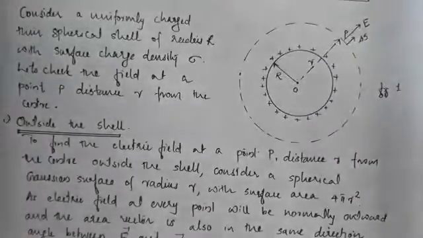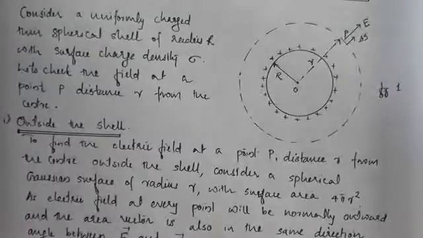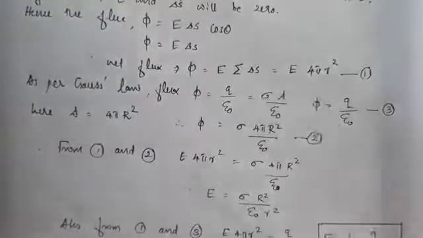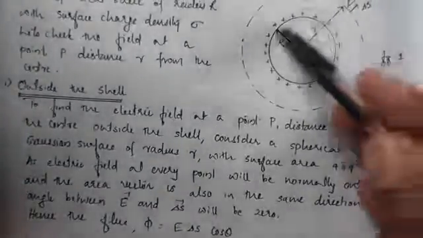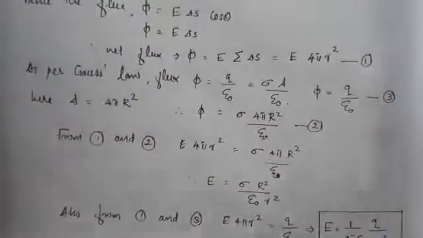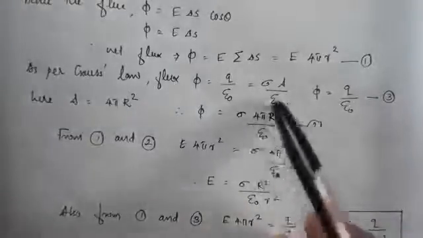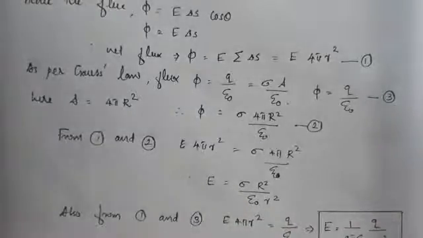So in the equation for Gauss's law, phi is equal to q by epsilon 0. If I replace q as sigma into area, I have to take the area over which the charge is spread, that is this area. So I get flux phi as per Gauss's law, q by epsilon 0, as sigma into 4 pi r square by epsilon 0.